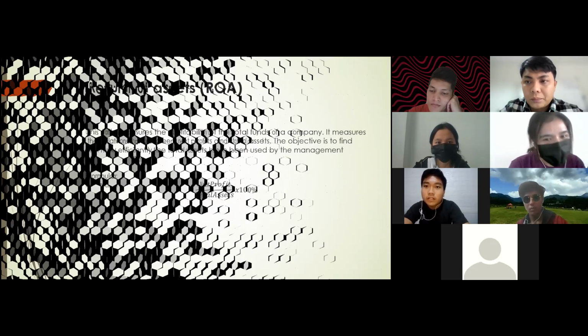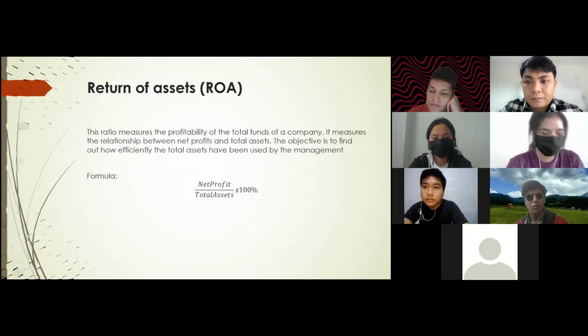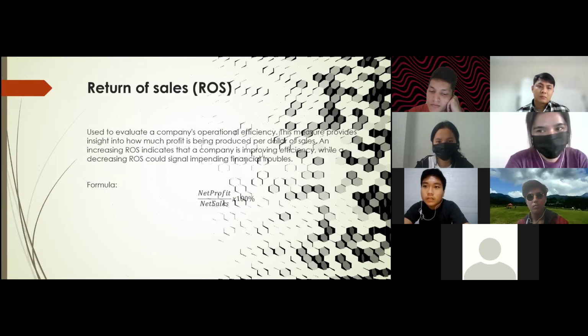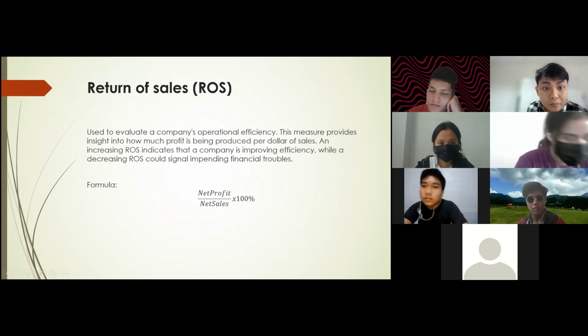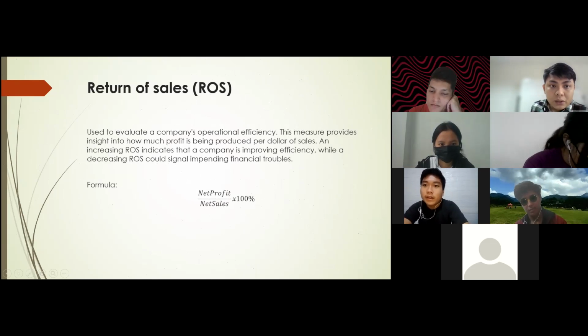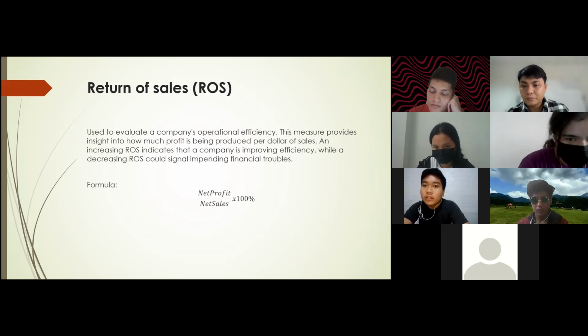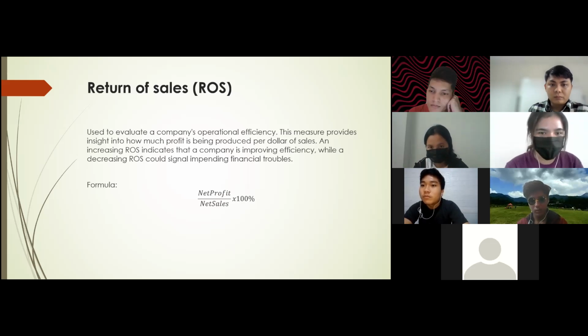Okay, next, return on sales. Return on sales, ROS, is used to evaluate a company's operational efficiency. This measure provides insight into how much profit is being produced per dollar of sales.